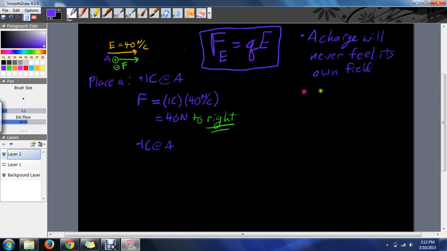There's another way to look at that. The electric field at a specific point is independent of what is at that point.